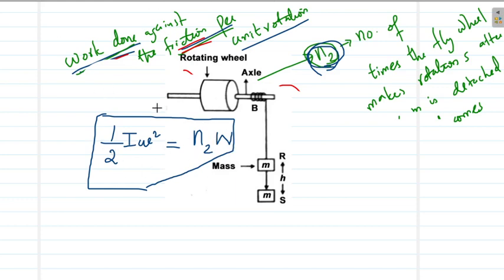Here we have simply considered the second part of this setup, where we consider the rotational kinetic energy of the flywheel alone and how that is getting lost during these N2 rotations, and during each of the rotation it is losing W energy due to friction.